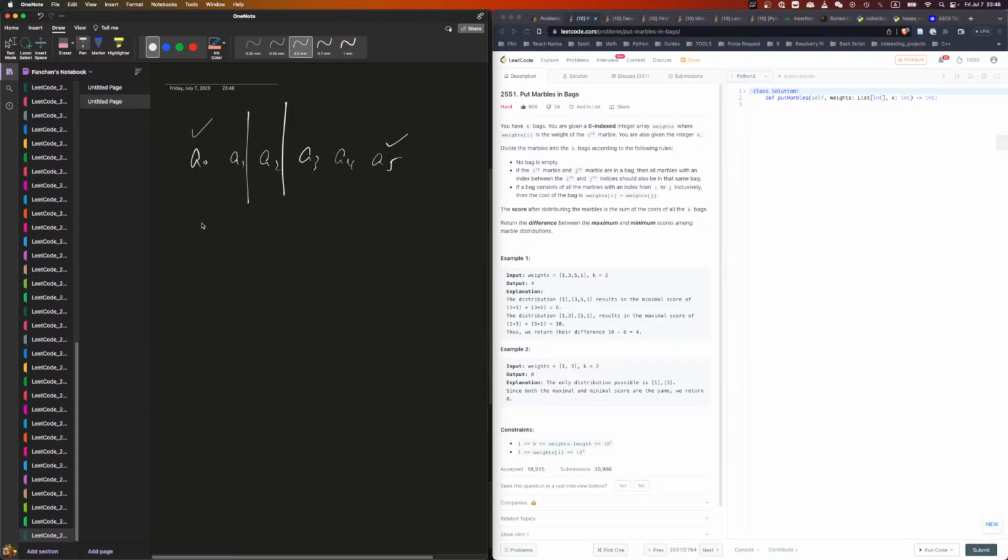Yeah, if we say k equal to 3, and then we break this into 3, then our cost is A0 plus A1, and then A2 plus A2, and then A3 plus A5, which can be translated into A0 plus A1 plus A2, A2 plus A3 plus A5.